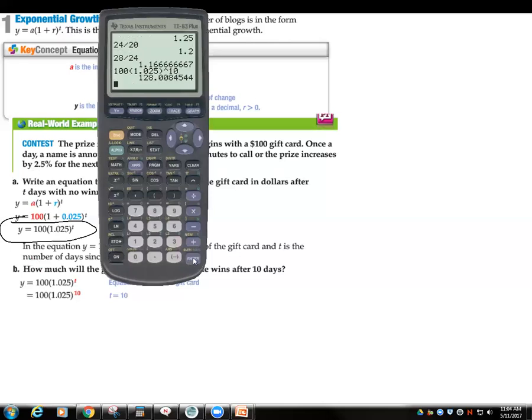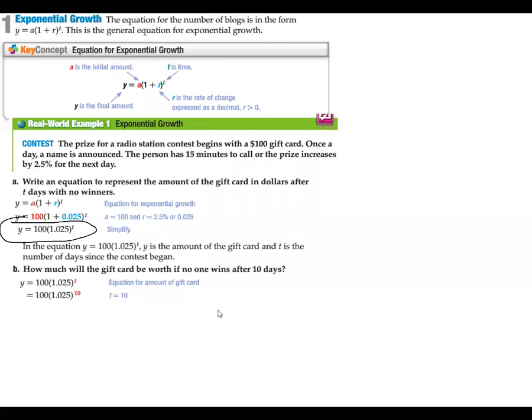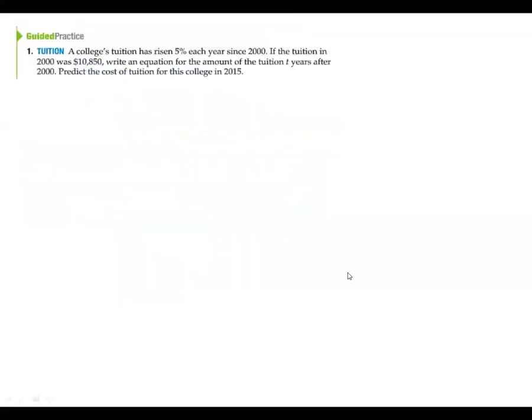It's important to enter the parentheses. So you get 128, which rounds to the nearest cent, because it's money, to $128.01. So after 10 days, the gift card will be worth $128.01.